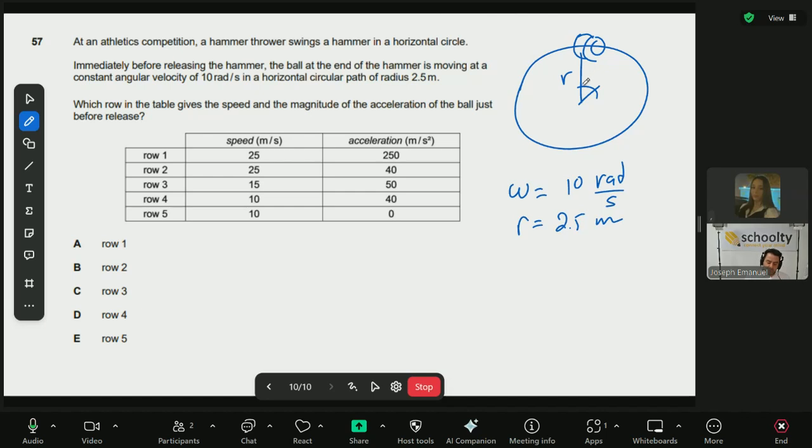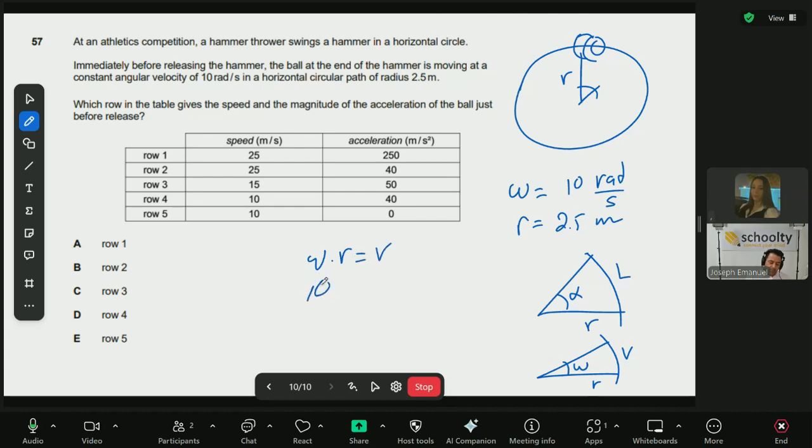Remember that an angle multiplied by the radius is the length of the arc. In the same way, the angular velocity multiplied by the radius is like the horizontal velocity. This is how much distance it passes per second. So W multiplied by R, this is V.